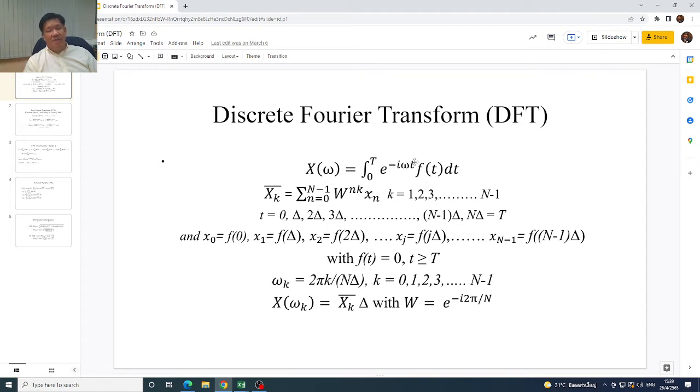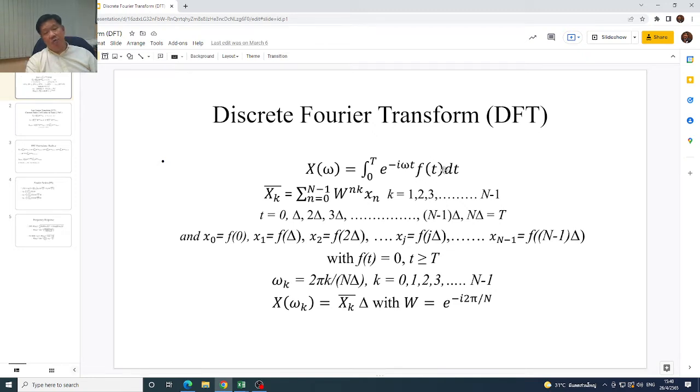But in this course we are mainly concerned with the mathematical computation of this function, and this function can be derived exactly if you really know what f of t is.